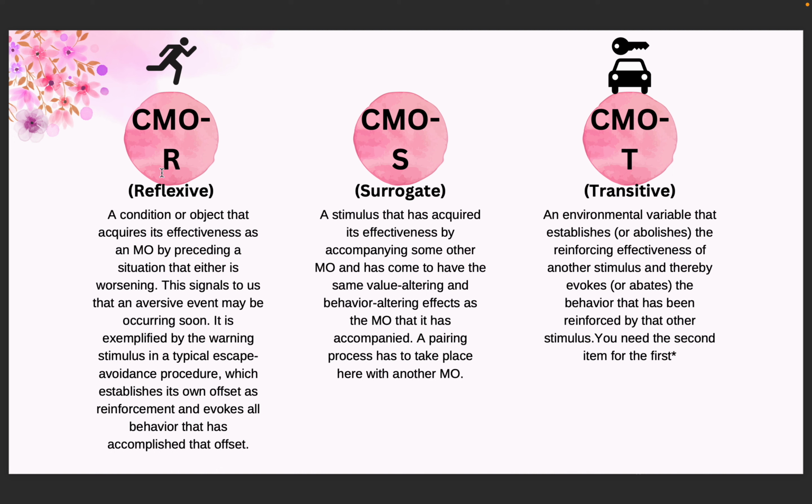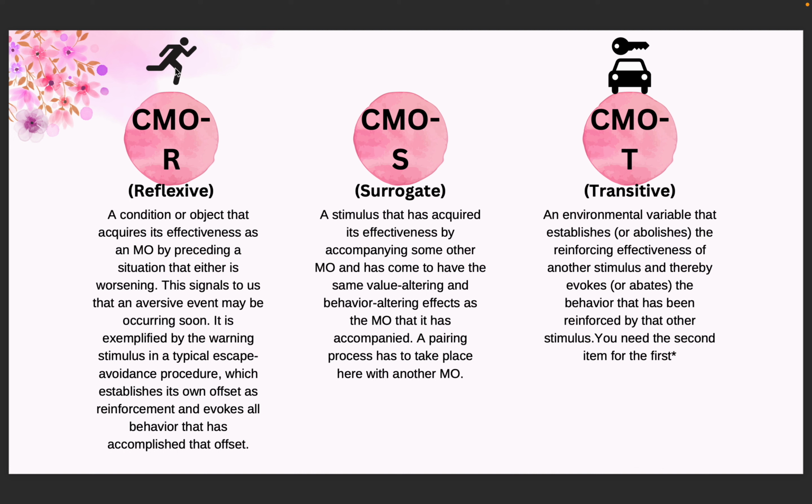Okay, so CMO-R are reflexive. Look at the top here, we have our person running. With our CMO-R, this is a condition that acquires its effectiveness as an MO by preceding a situation that is worsening. So this signals to us that an aversive stimulus or an aversive event is going to happen and we want to get out of there as fast as we can.